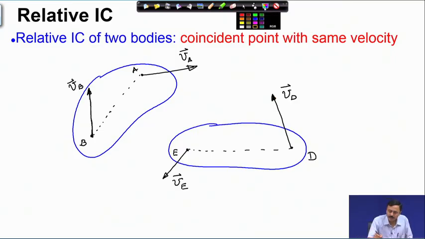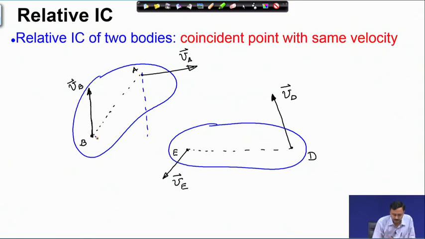So, let me locate the instantaneous centers of rotation. Let me call it C2.